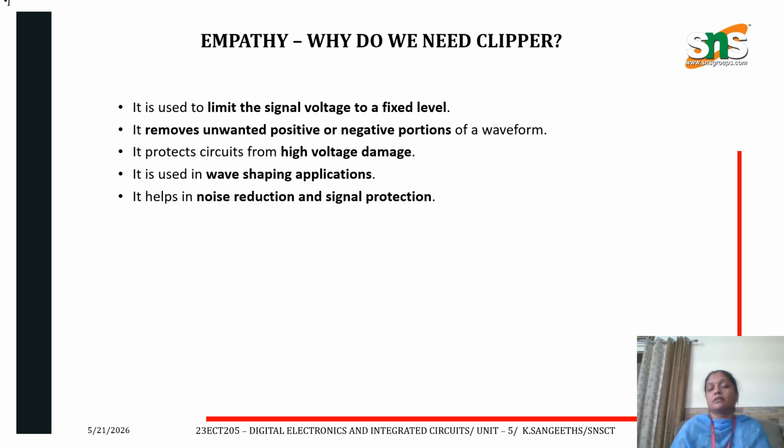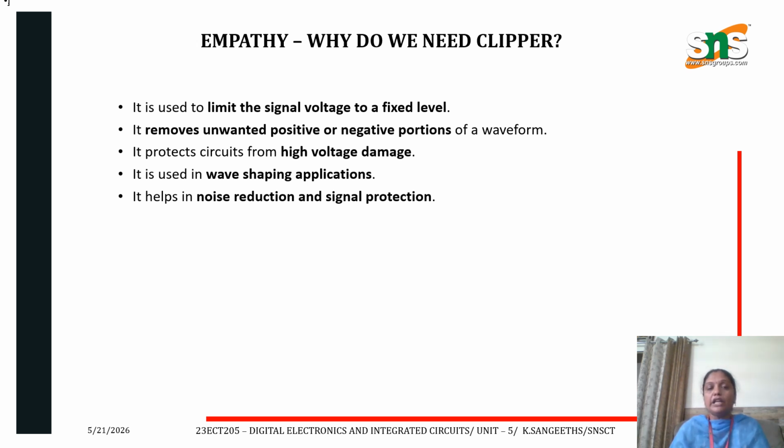In this video session, we are going to cover the need for the clipper, that is why we need a clipper, what is a clipper circuit, and the different types of clipper circuits. First, we should know why we need this clipper. The clipper circuit, which is one of the wave shaping circuits, is mainly used for noise reduction and signal protection.